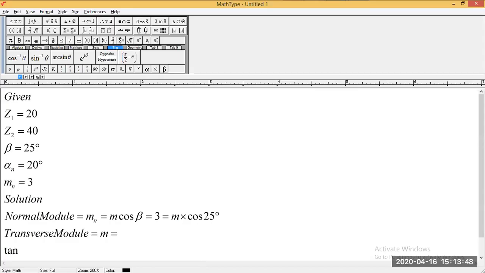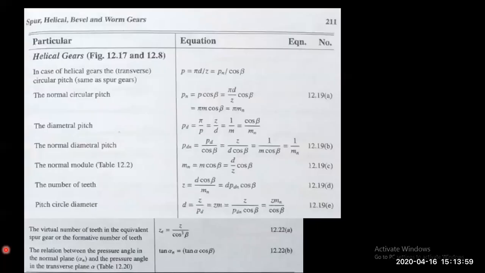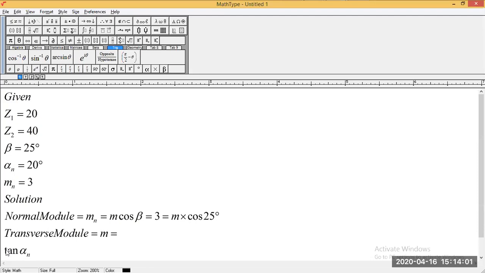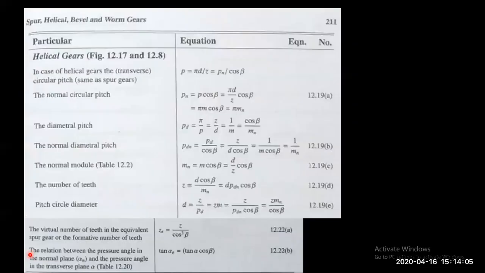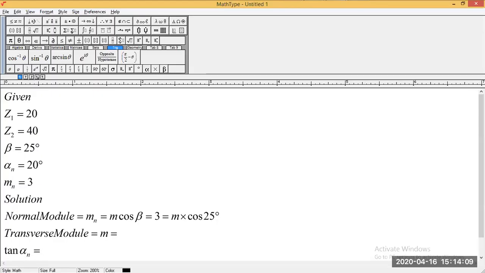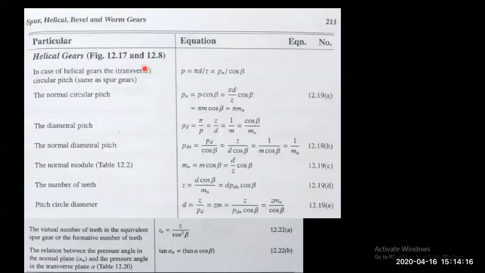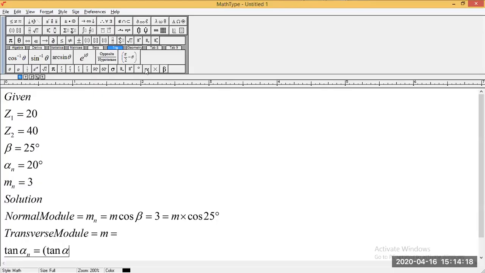So tan of alpha n equal to tan alpha cos beta.